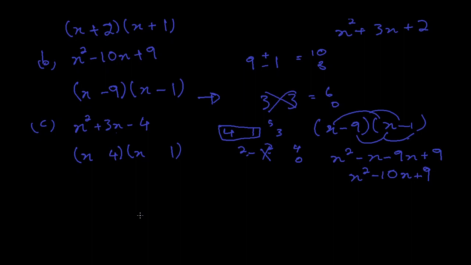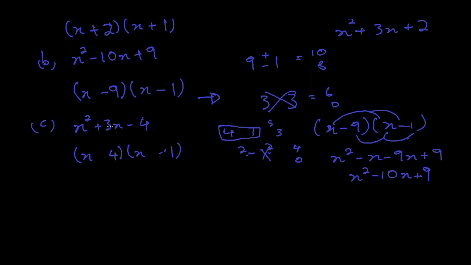Now the crucial part. Since the signs are different here, they are opposite, before you give signs to these brackets, you're going to look at the sign of the middle term. It's positive.